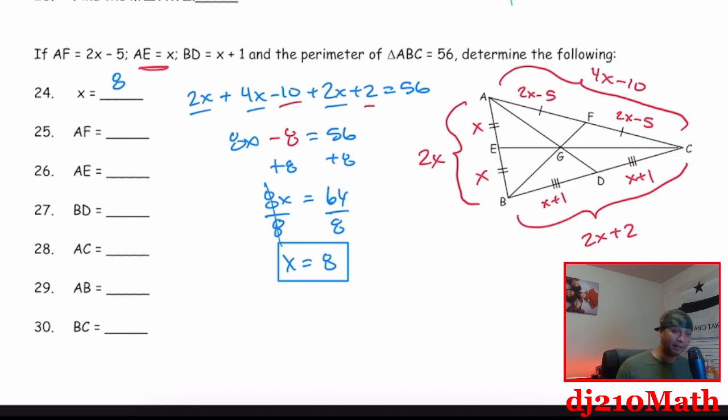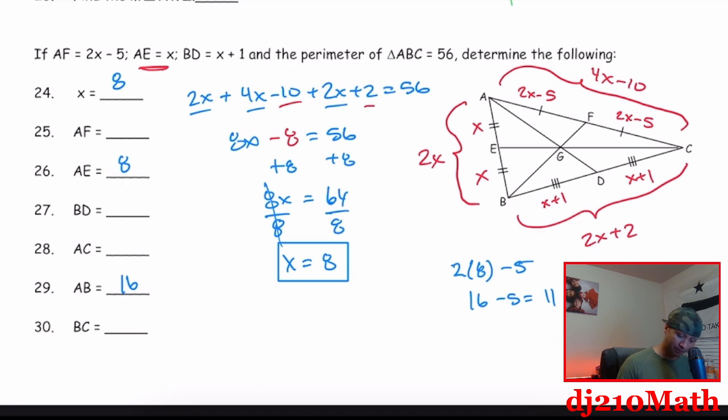So we're just plugging in 8 now into x to figure these out. Let's do the easy ones. AE and EB. AE is 8. AB, well, there is no EB, but AB, 8 and 8 is 16. Okay, what's next? AF. So 2 times 8 minus 5. So 16 minus 5, which is 11.